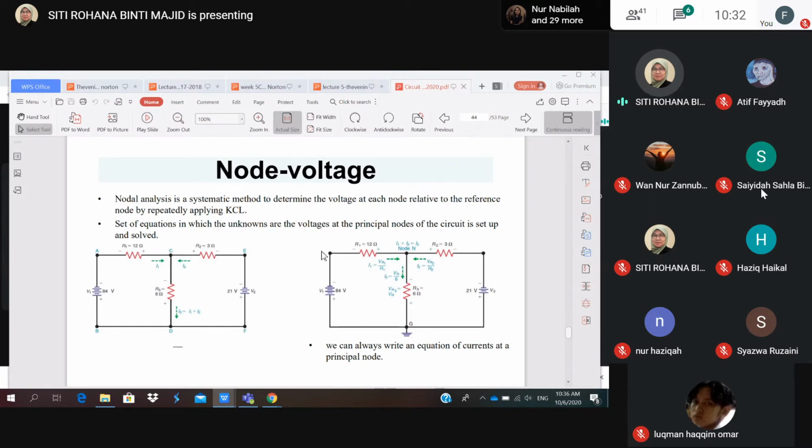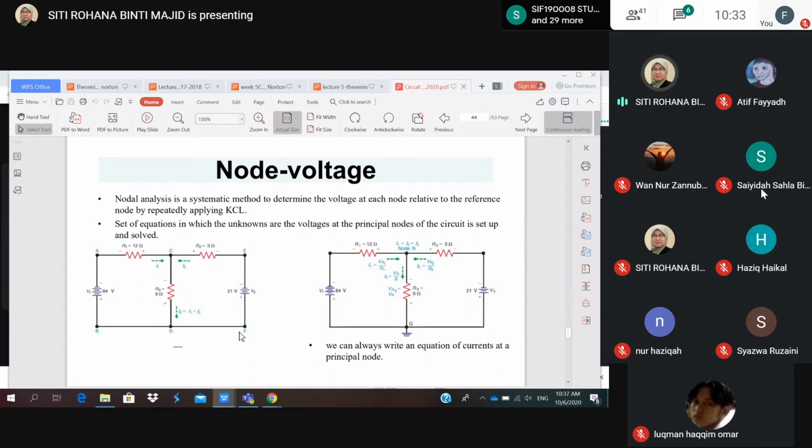Why? Because we will check the potential difference between 2 points. In this method, we determine the voltage at each node relative to the reference node, and we can use the KCL.